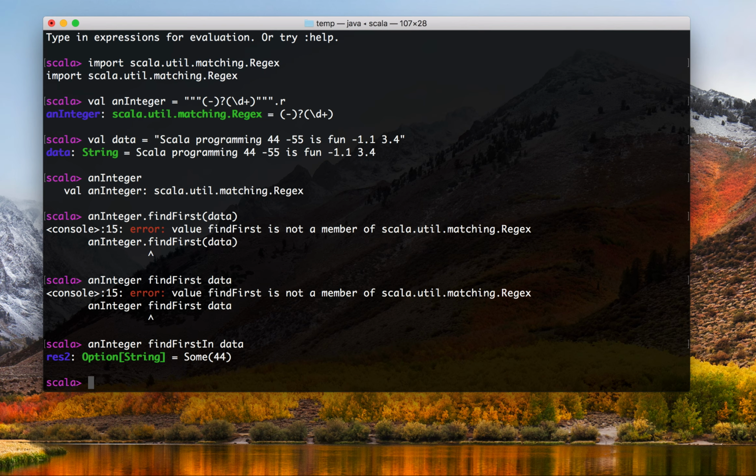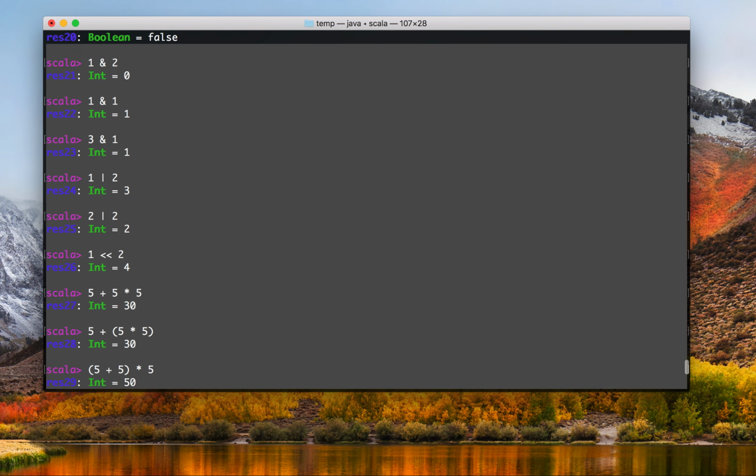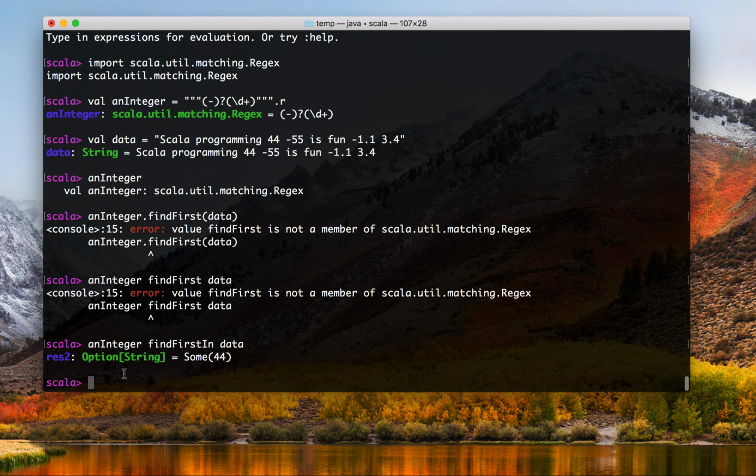It's an option, one of the options here. Even though it was able to find that digit, it is still returned as an option. So it found the first number there. That's interesting.